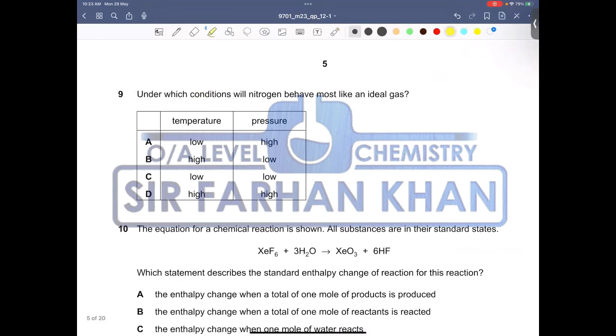Question number 10. Under which condition will nitrogen behave most like an ideal gas?